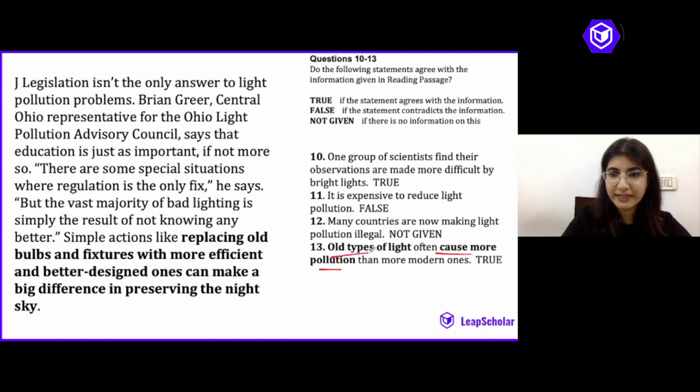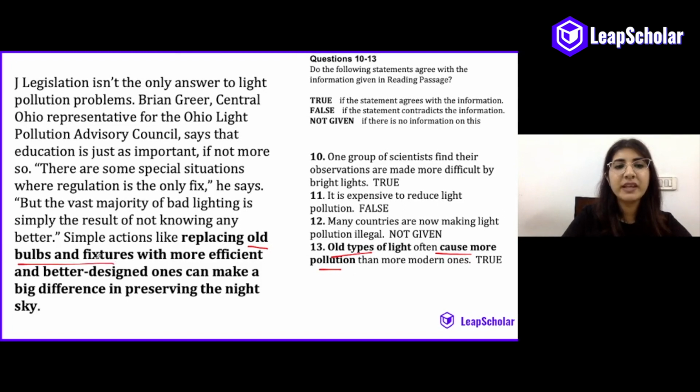I found them here: old bulbs and fixtures. Replacing old bulbs and fixtures with more efficient and better designed ones can make a big difference in preserving the night sky. And here it talks about legislation isn't the only answer to light pollution problems. So this is a solution to light pollution.